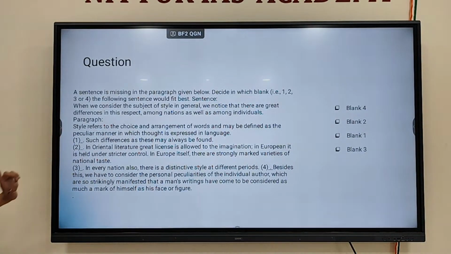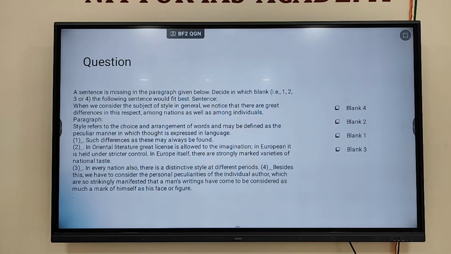Style refers to the choice and arrangement of words and may be defined as a peculiar manner in which thought is expressed in a language. So what will come next? Such differences as these may always be found. Dash Oriental literature, great licenses allowed to immigration in European.